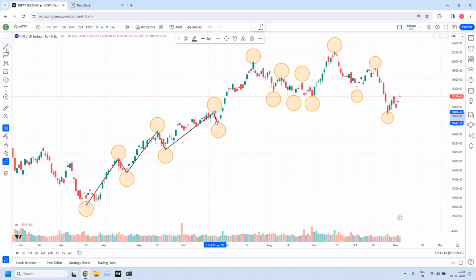This is a swing low. So this is the next swing low. And this is the next swing high. And again, this is the next swing low.